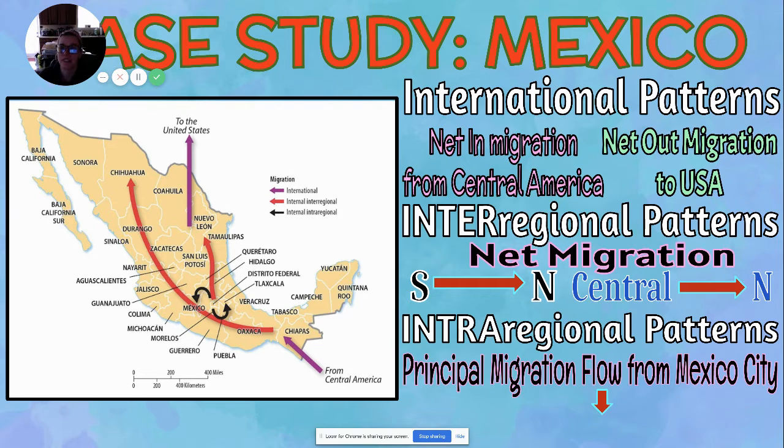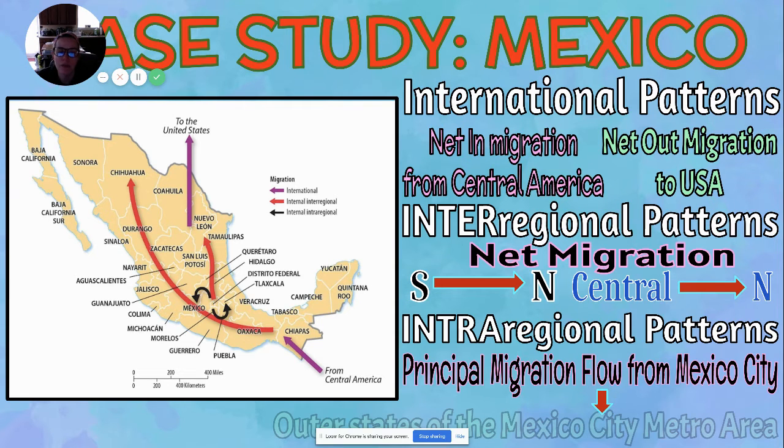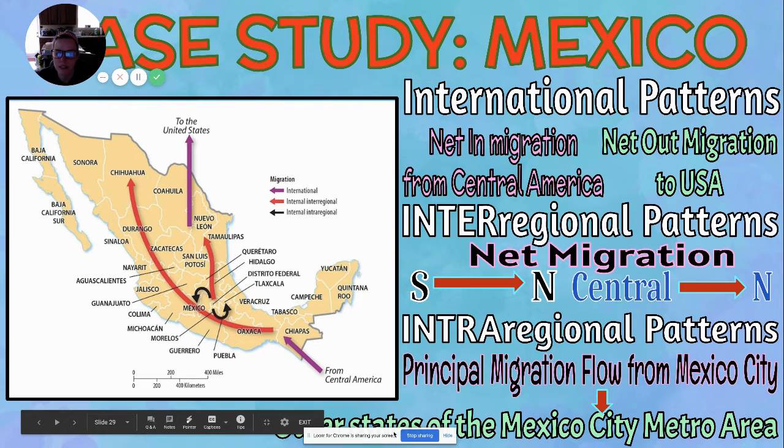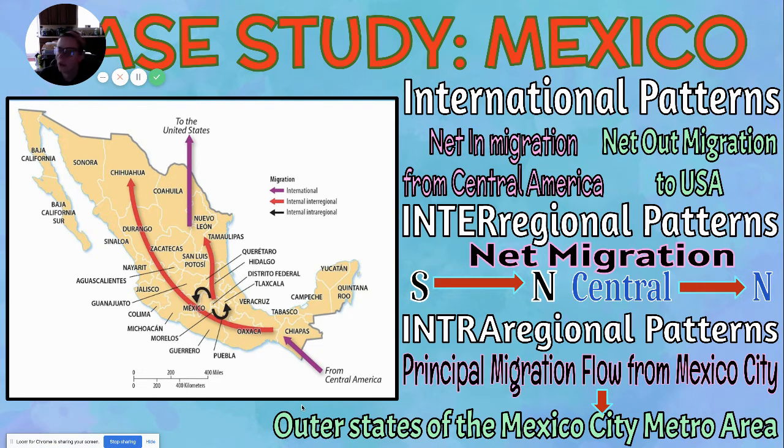I don't know if you guys know, but it's the widest capital city in the world. And where they're moving to is other states outside of Mexico City, suburbs, things like Alpharetta or Decatur or Marietta, that kind of thing.